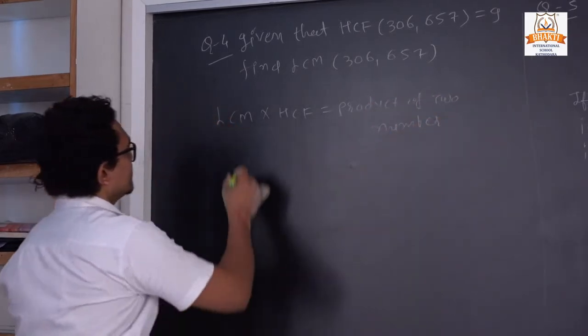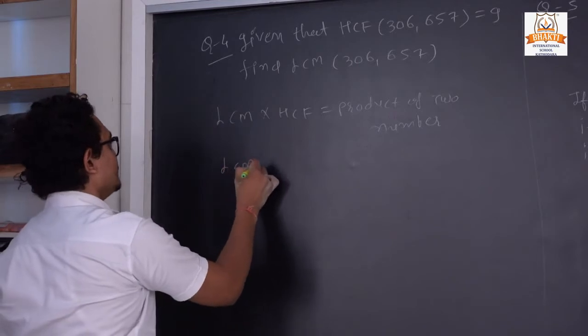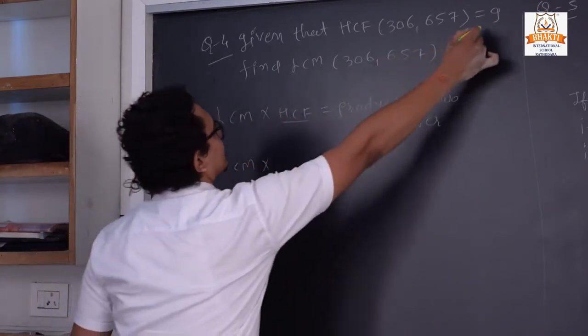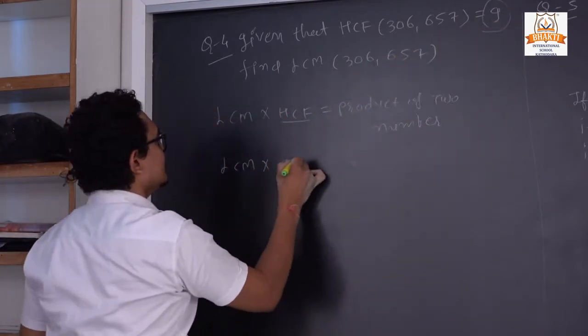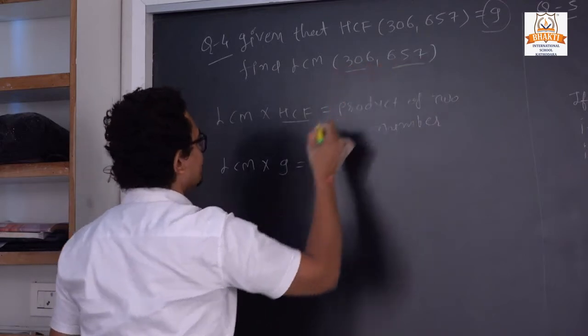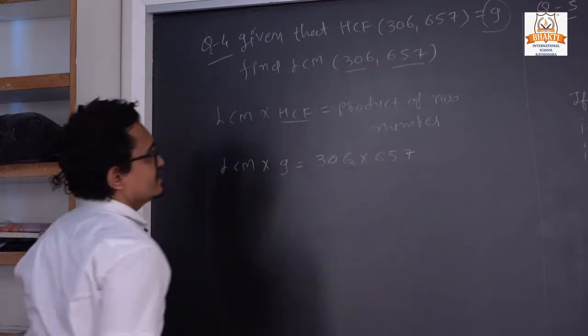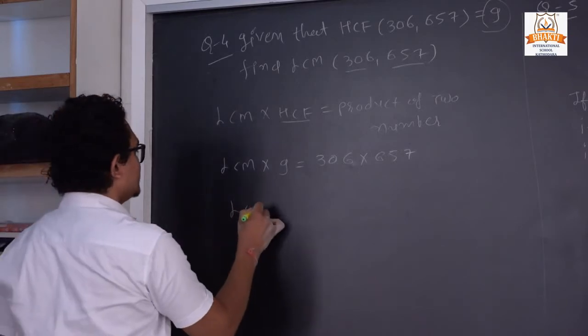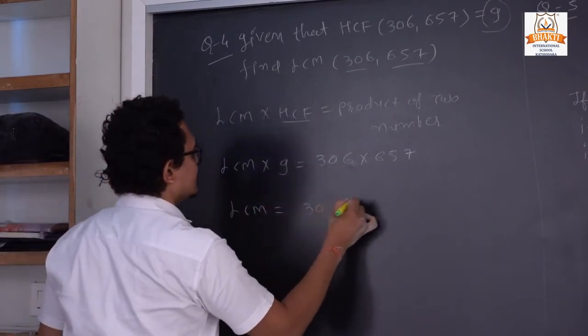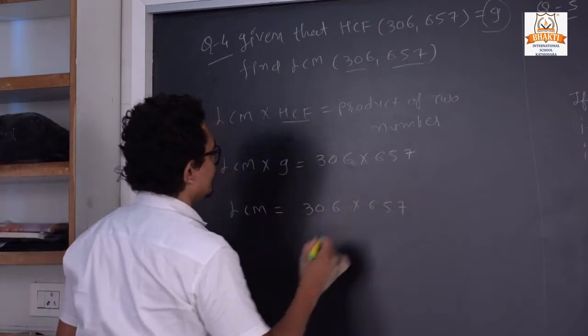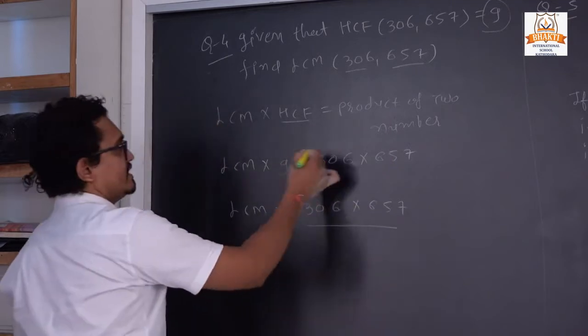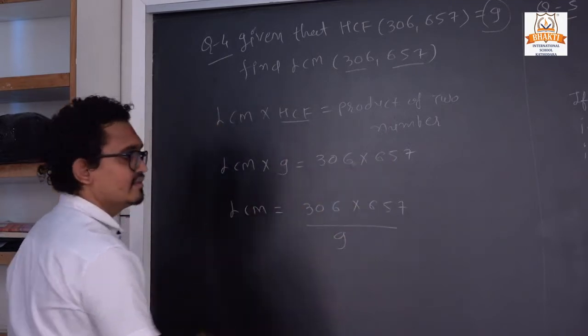So for that we need to find its LCM. HCF is given, HCF value is 9, and which two numbers are given here? 306 and 657. So LCM is equal to 306 multiply with 657, and that term going to the other side will be in division.